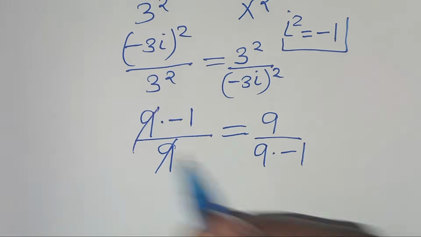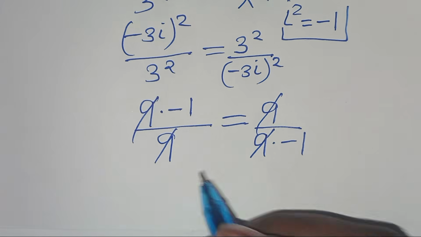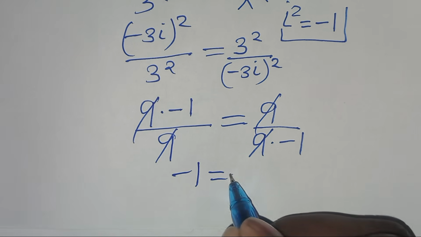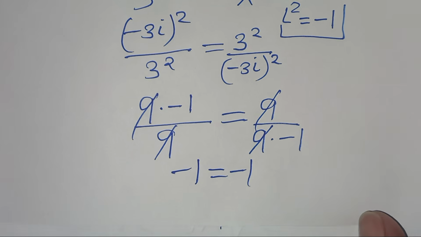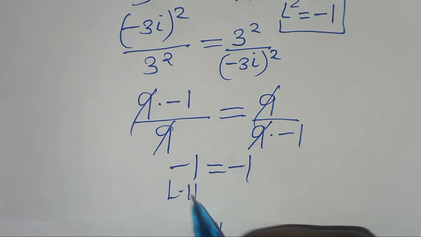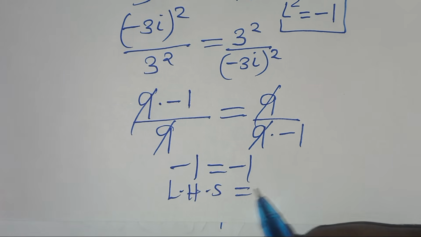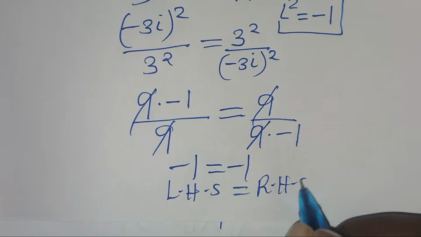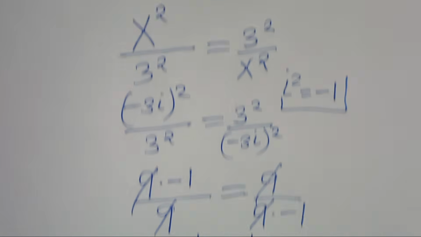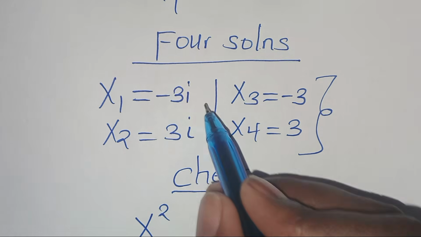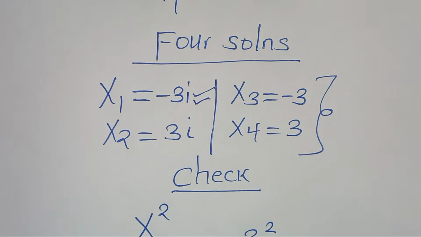If we simplify, minus 1 is equal to minus 1, and this means that the left hand side is equal to the right hand side. So x1, which is minus 3i, satisfies the equation.